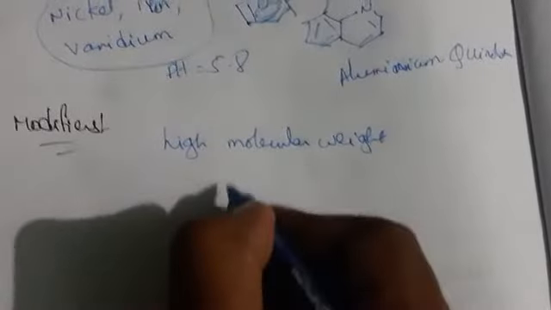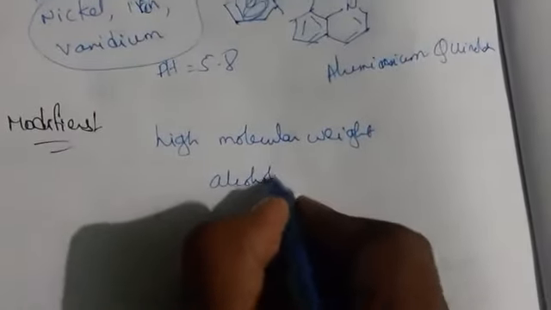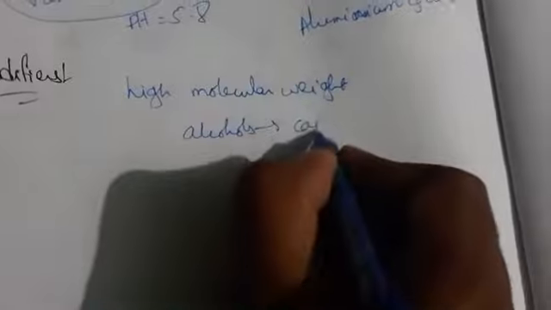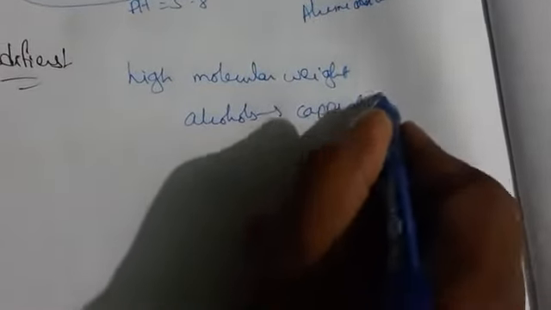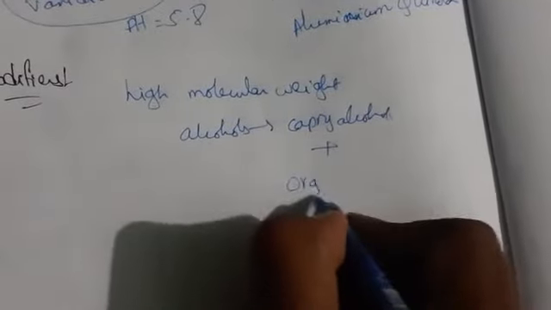High molecular weight generally means alcohols, and mainly we take capryl alcohol, which is added to the organic phase.